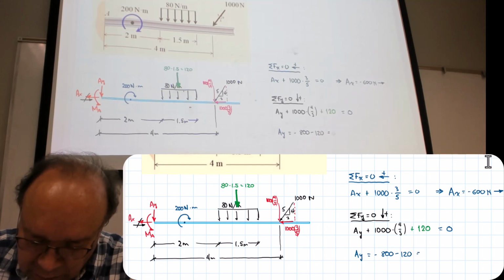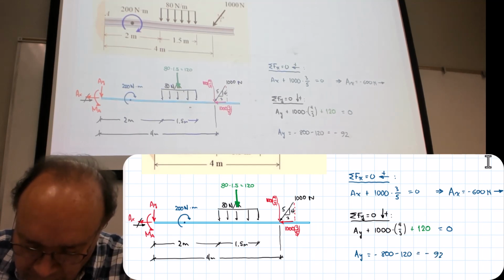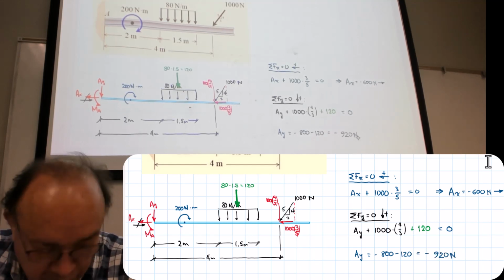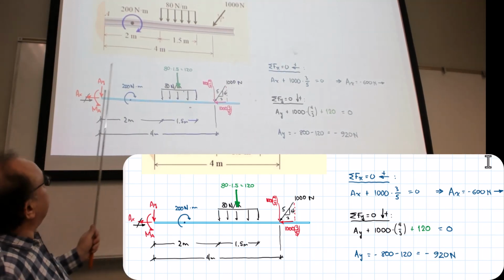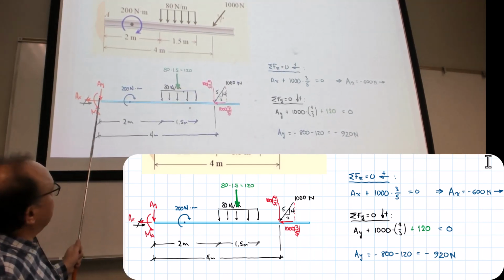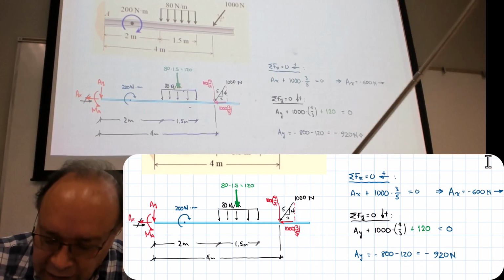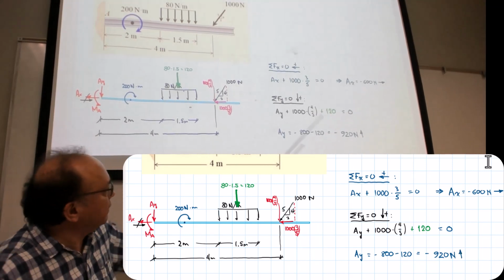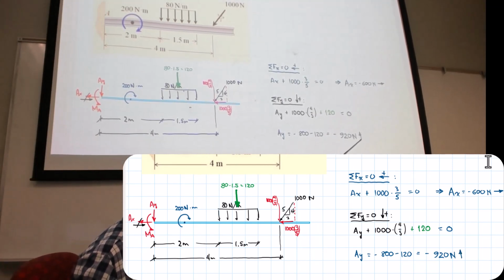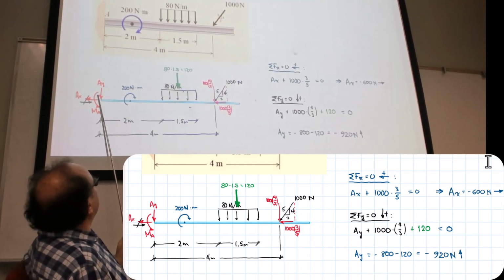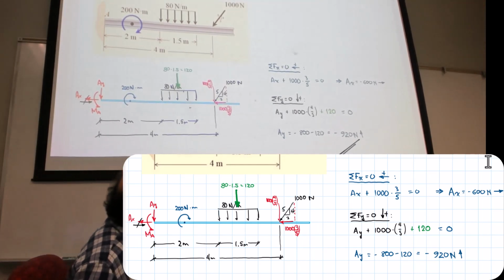So this is minus 920, you said? Yeah. As soon as you see the minus, you know that this was in the wrong direction, so you put an arrow going up here. This is very important here. Not as important as making a correction here, but this one.